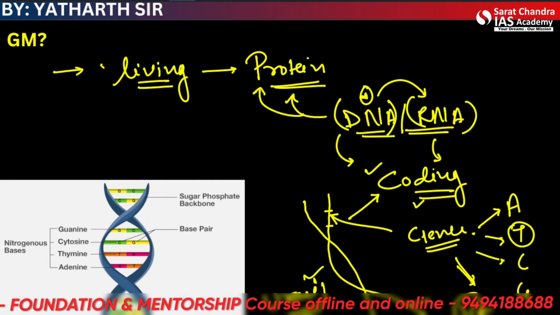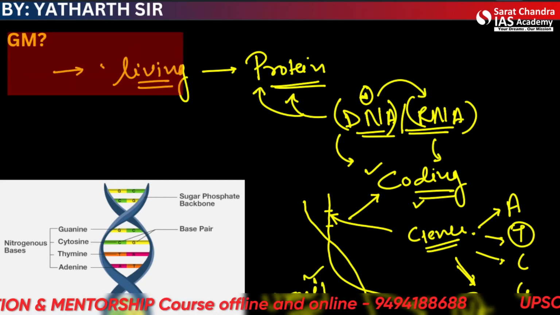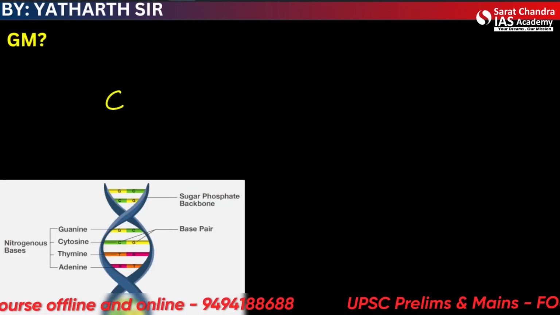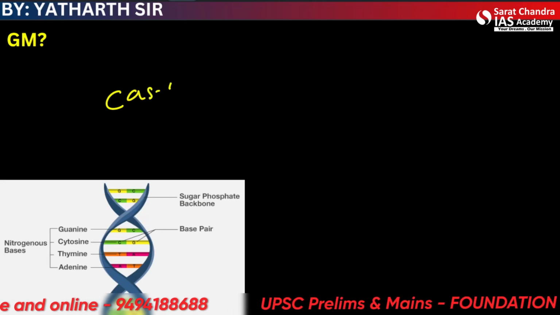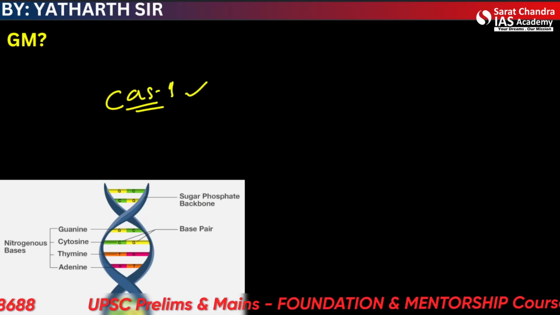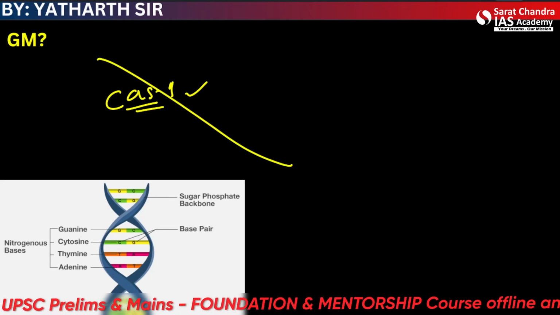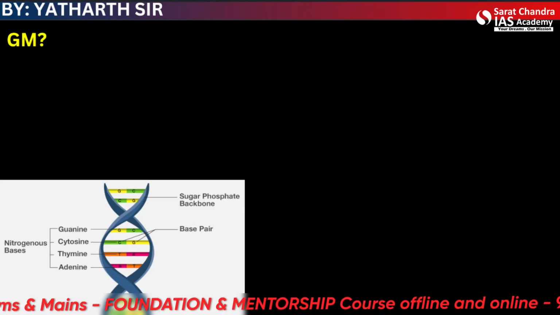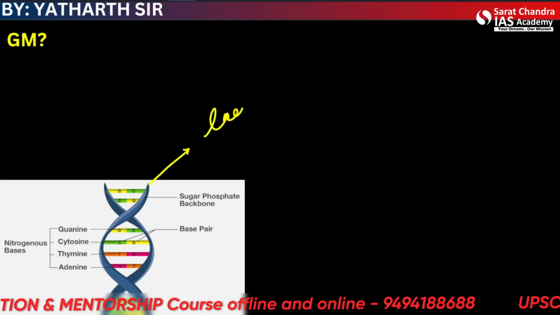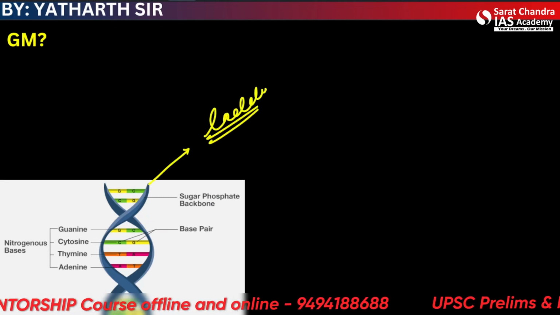Why am I telling you all this? Because it's very important for us to know. An earlier question has come on the CRISPR-Cas9 enzyme. So let us see the basic structure of the DNA. You can see the ladder here, or the backbone. It is made up of sugar and phosphate.